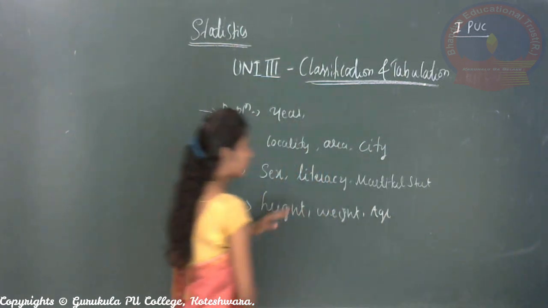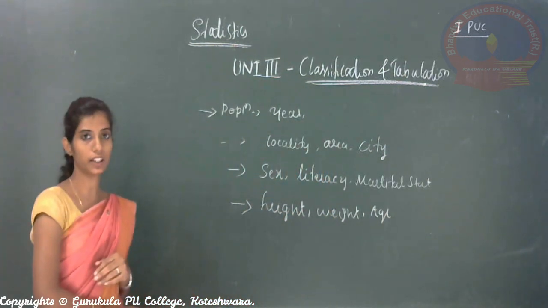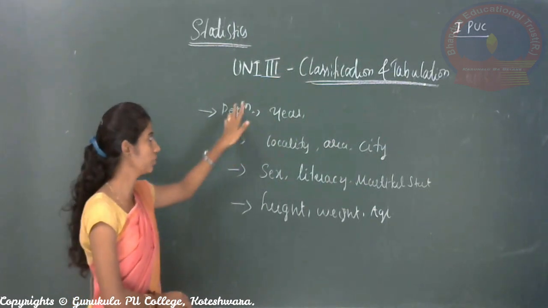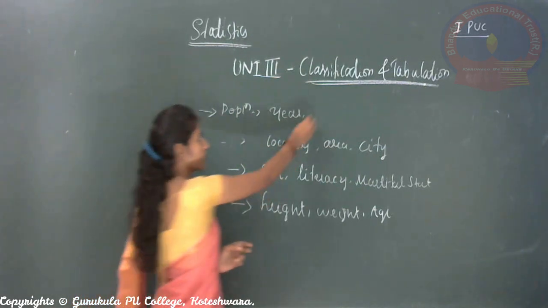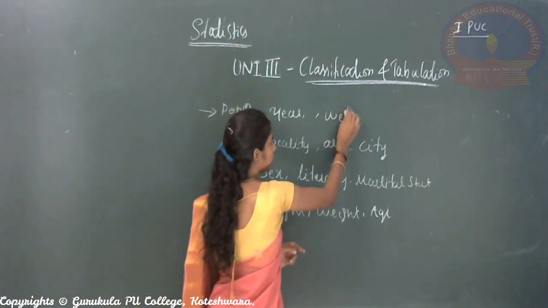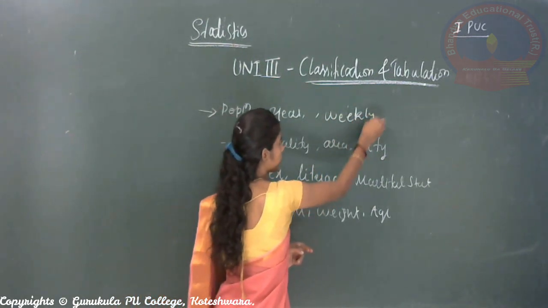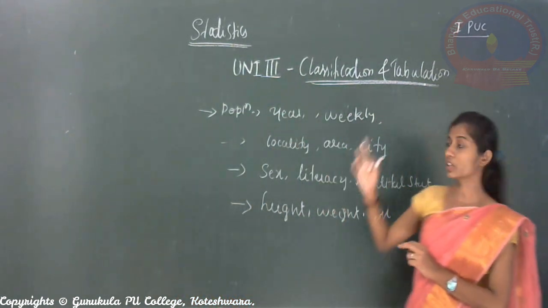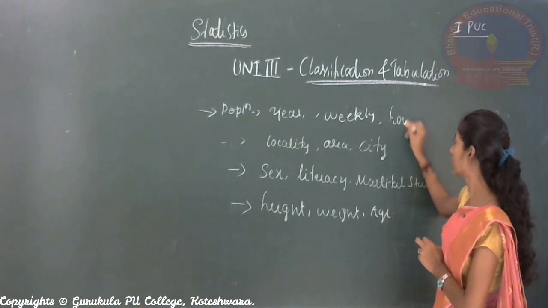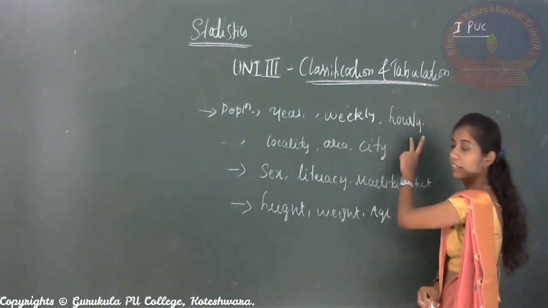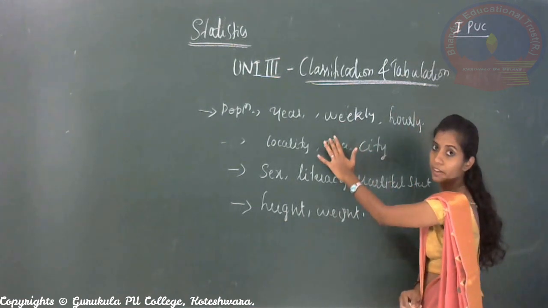The purpose of the survey may be anything. Not only population, sometimes we collect rainfall data weekly, or a doctor may want to know the body temperature on an hourly basis. All these are related to time period.